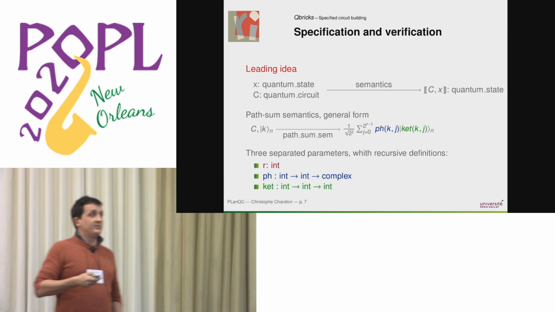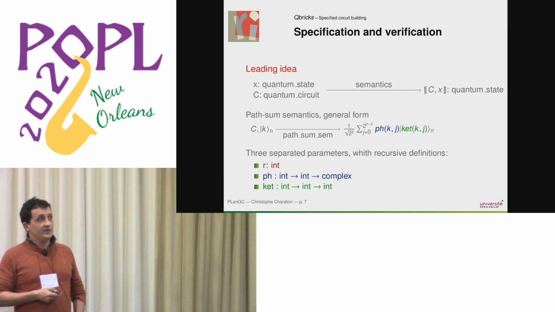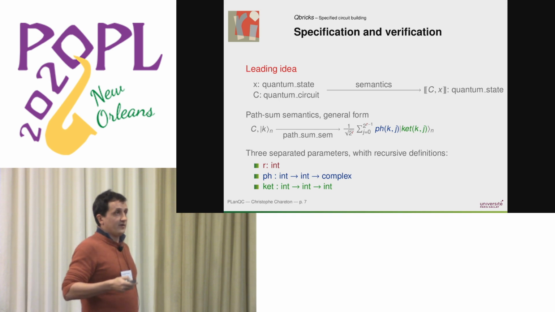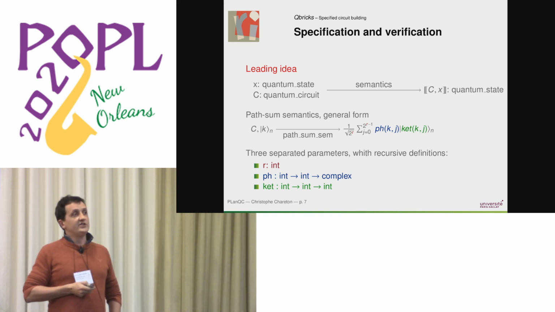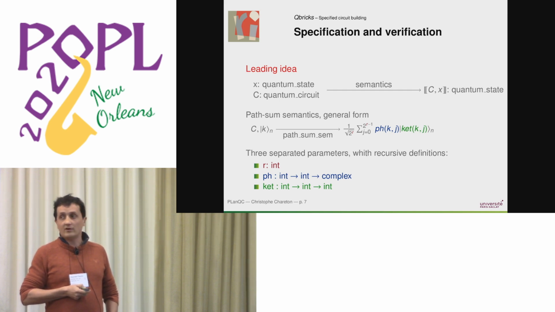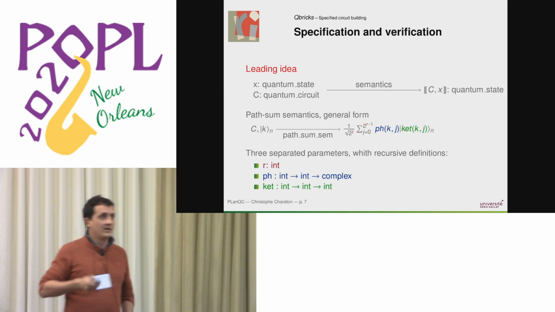And what it says basically is that for any quantum circuit, for any state of the computational basis, applying this circuit to these states results in a state that has this general normal form. And this general normal form is a sum of elements, each of them being a complex scalar coefficient times a vector of the computational basis.